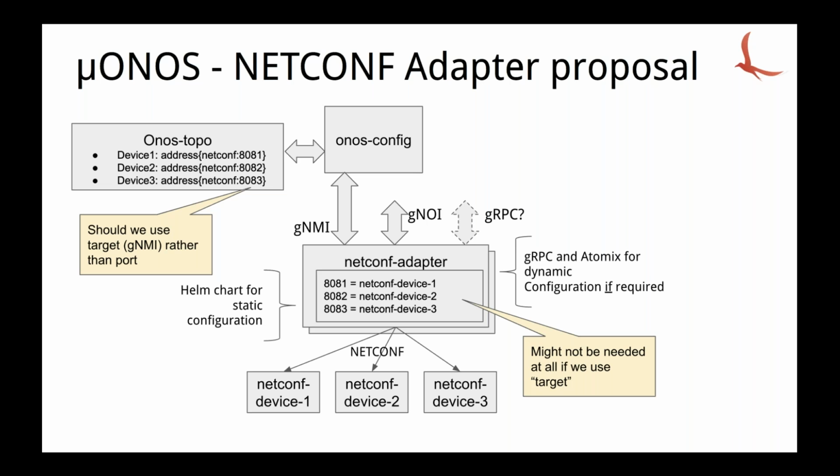I think the architecture should allow for both, right? So it doesn't really matter which target you speak to. We just need to make sure that we have a way to address the target behind the adapter, whether it's with overloading the ports as you suggest, or whether it's with having a unique address for the container as Andrea suggests.